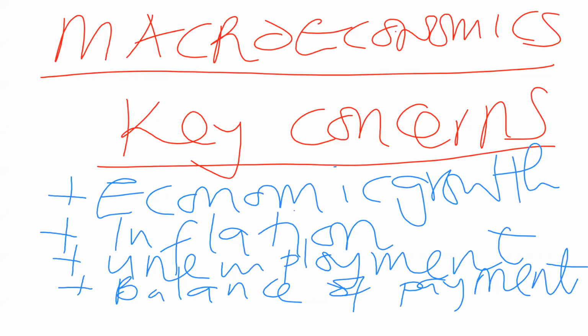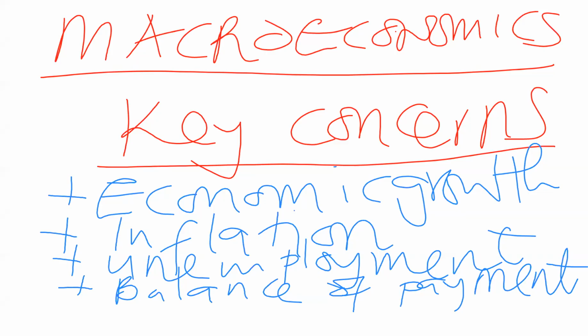Is our economy growing, or is it stagnant? Is it declining? We are interested in terms of production as a country as a whole. Are we improving in terms of production? Have we produced more?